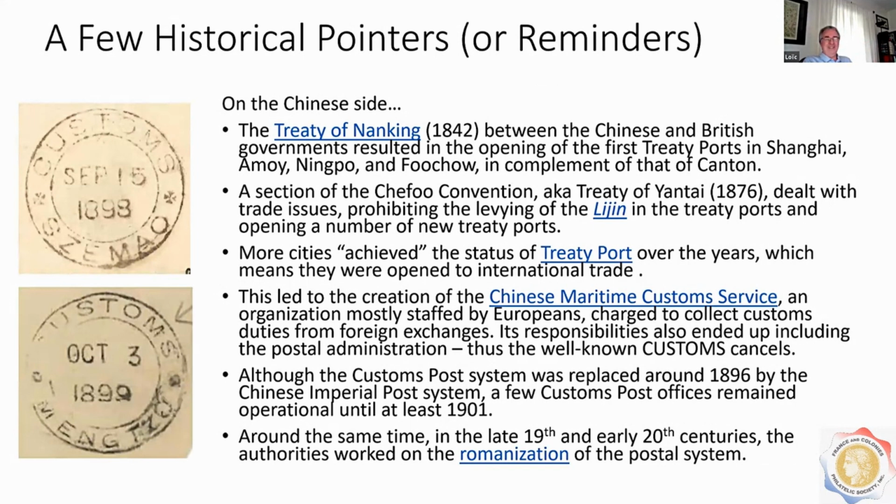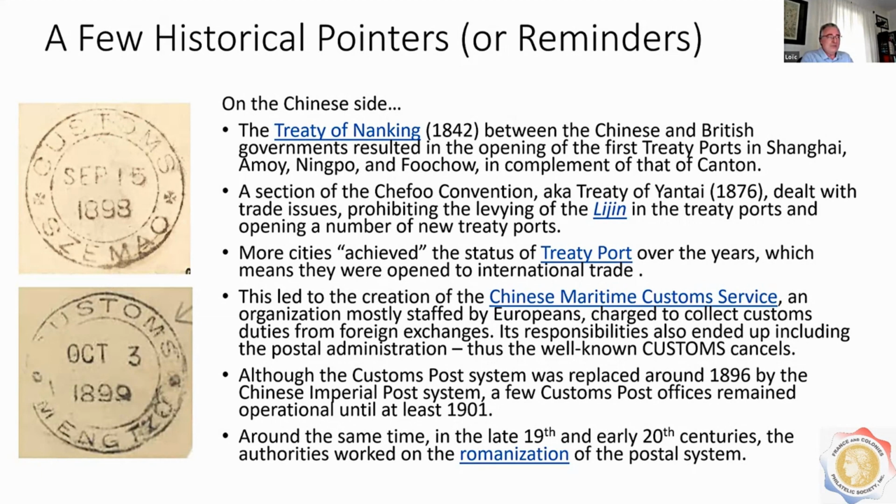A few historical pointers or reminders. That's an area that I'm not that familiar with, so I had to do a lot of research myself to educate myself on the topic. And if you think that things are complicated today between America and China, they were not much simpler 150 or 200 years ago.